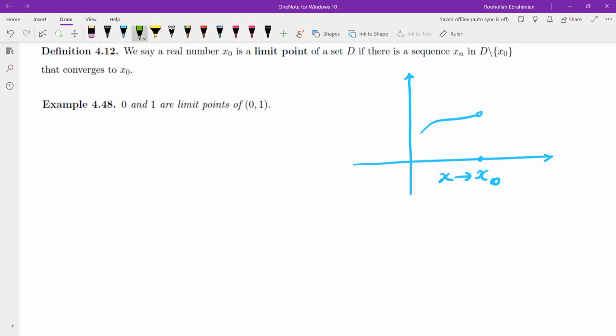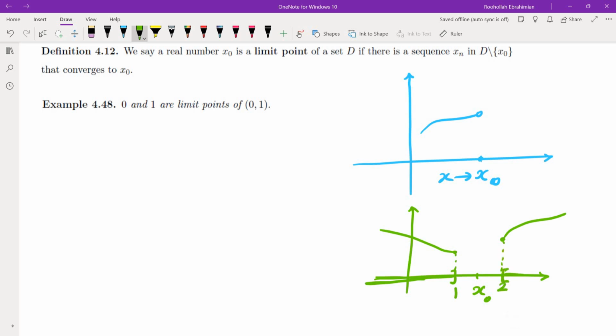Let me draw an example with the green color at the bottom here. Consider this function. The domain of this function is from negative infinity to this point. Let's say this point is 1, and let's say this point is 2, and from 2 to infinity, union with x naught, and let's just say x naught is 1.5.